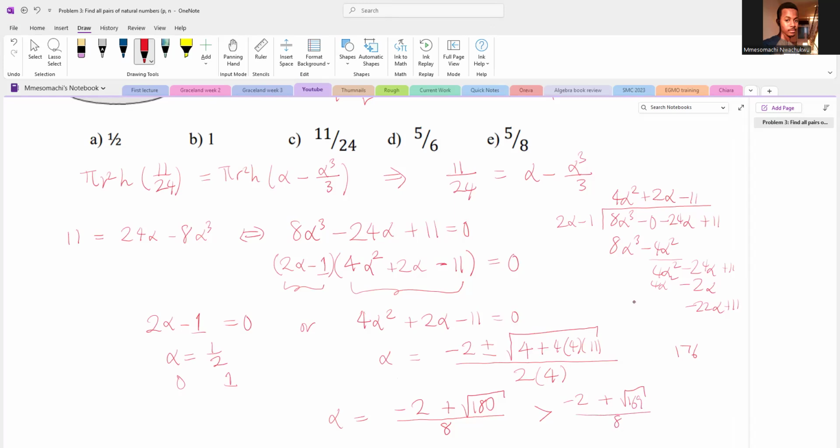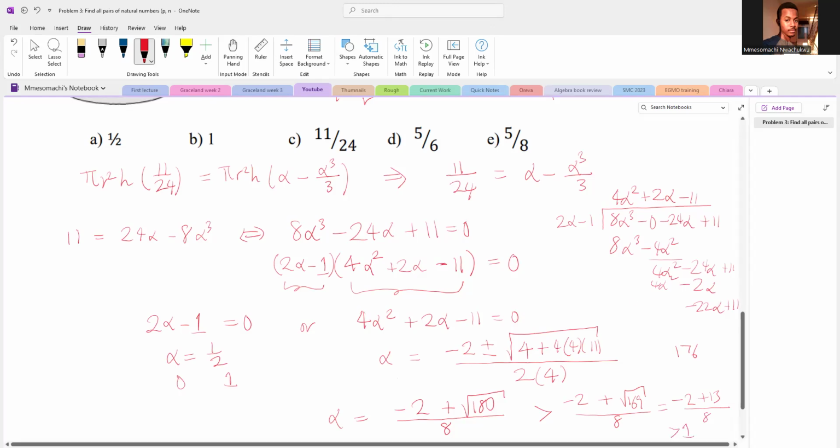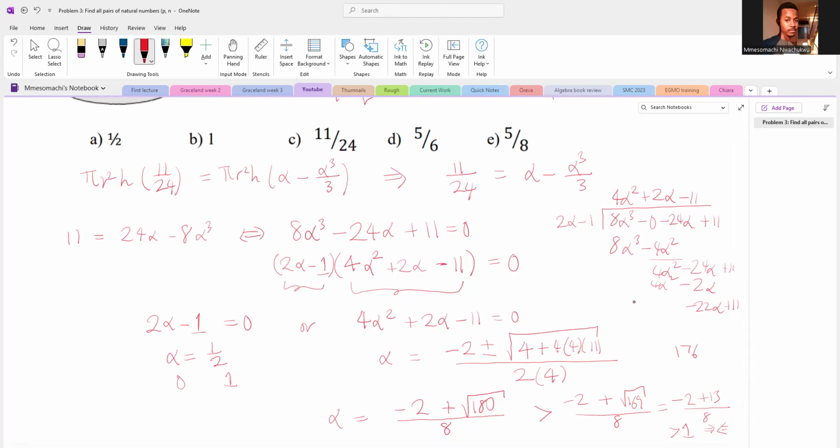Because 169 is a perfect square. This equals minus 2 plus 13 all over 8, which is greater than 1. Okay, which is a contradiction. So this has roots that are either less than 0 or greater than 1. So our only answer is alpha equals half, and that is option A.